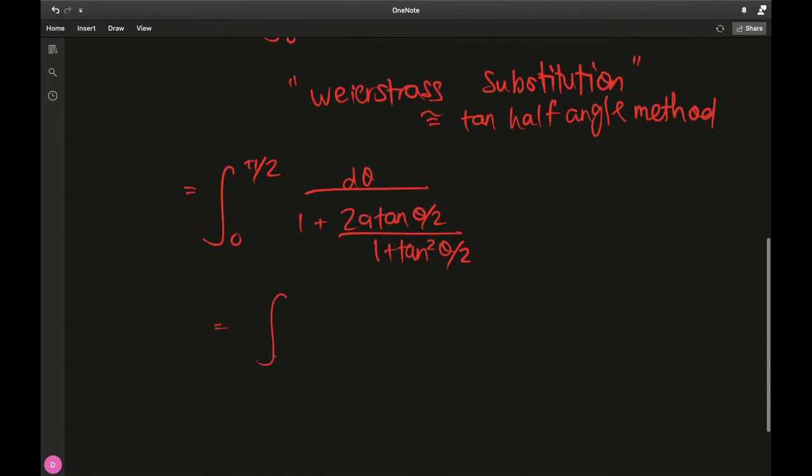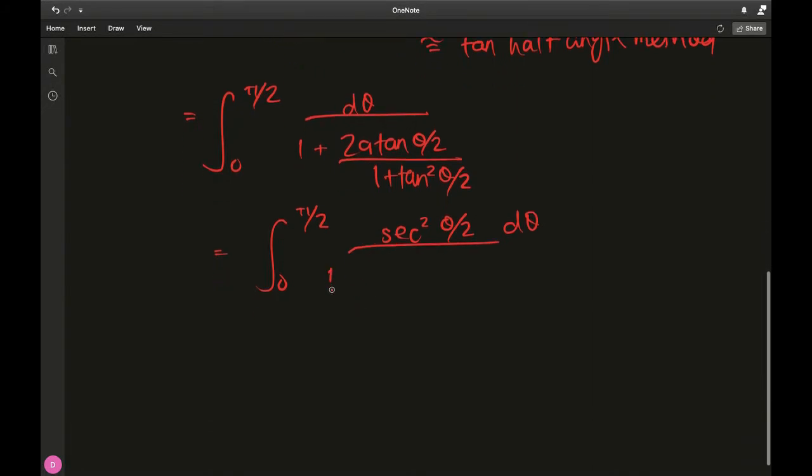So you can take a common denominator: 1 plus tan squared (theta/2) will become secant squared (theta/2) d theta divided by 1 plus tan squared (theta/2) plus 2a tan(theta/2).